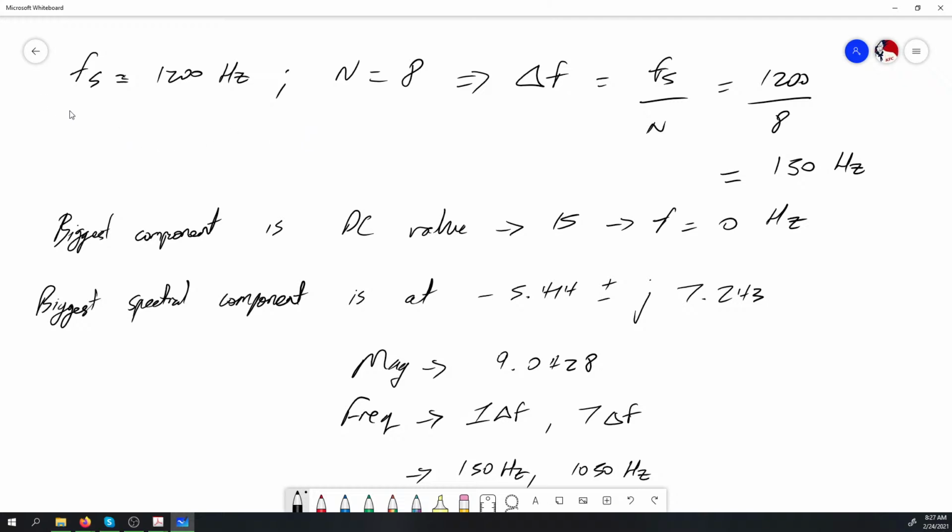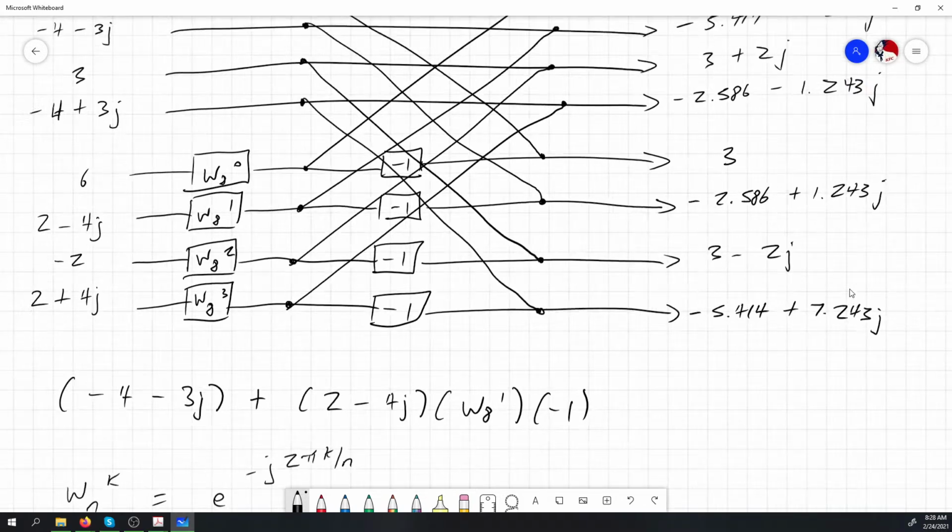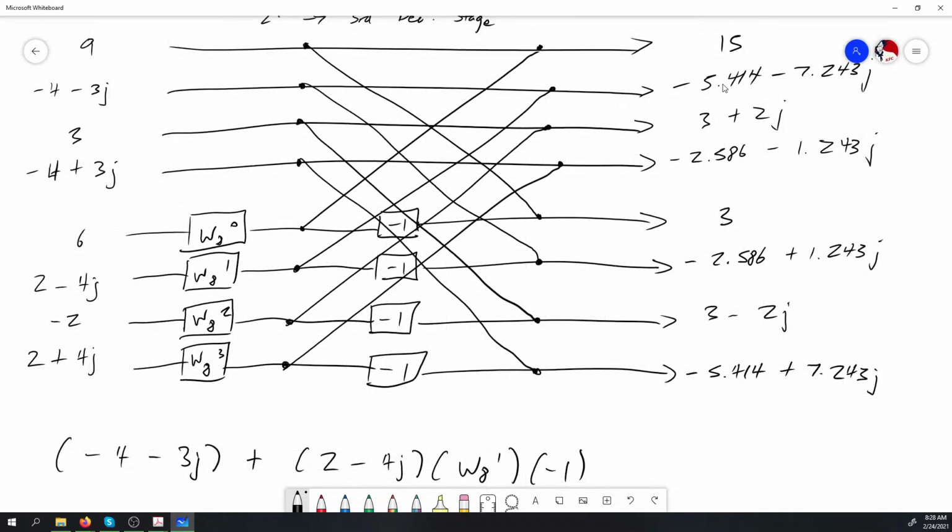Remember, each one of those components in the FFT is spaced accordingly depending on the sampling frequency and the number of points that we have. So delta f is equal to the sampling frequency divided by the number of points. Each component in the FFT is going to be spaced by delta f.